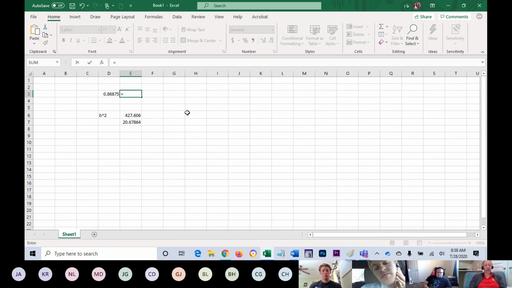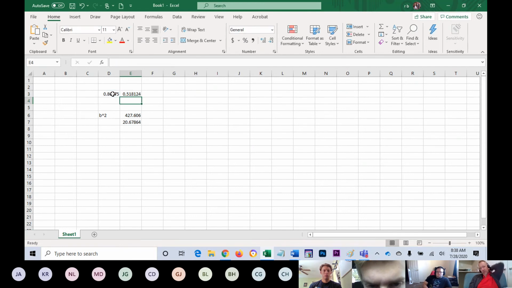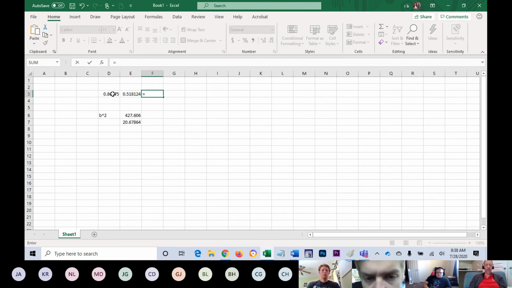And then I'm going to do arc cosine of this. Of course, that's in radians, so now I need to convert that back to degrees. That's this number times 180 over, well, I guess I don't have to. I could leave that in radians, but I like to think in degrees.